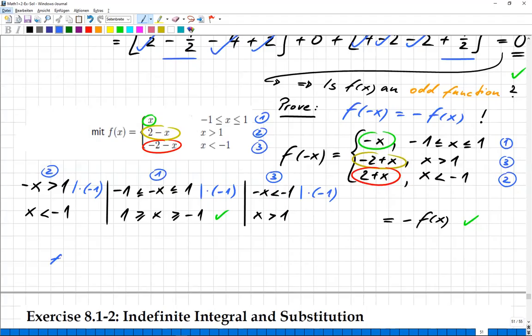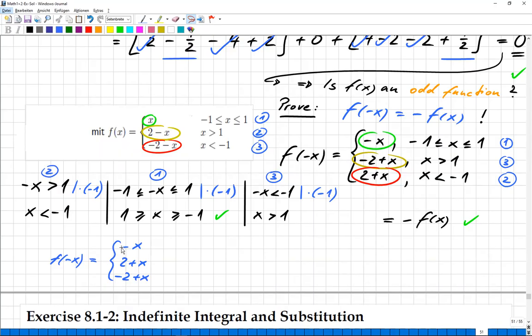Look, f of negative x equals, and then in my three cases here, I would get negative x, then 2 plus x, of course, since minus x is plus x, and then minus 2 plus x. And now you may wonder why I have written something else here, because the positive 2 and the negative 2 are exchanged in a way. But it has a very important reason.